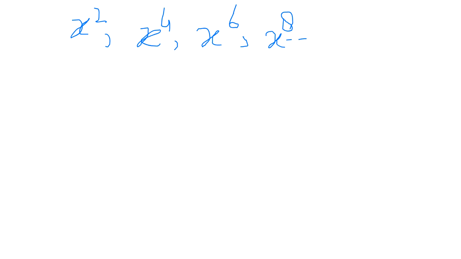If the function is x squared, x power 4, x power 6, x power 8, all of these are even. x squared, x power 4, x power 6, x power 8, x power 10, all of these are even functions.